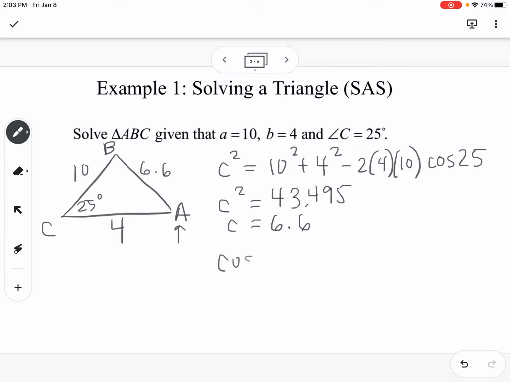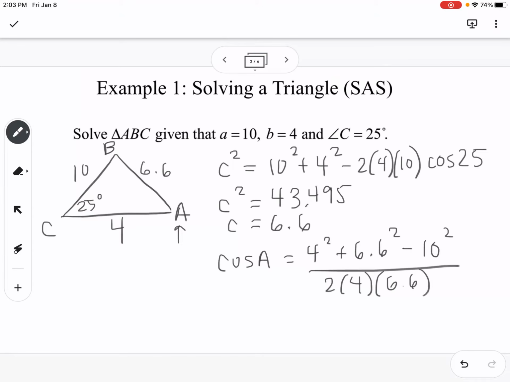So cosine of A is 4 squared plus 6.6 squared minus 10 squared over 2 times 4 times 6.6. You get that cosine of A is equal to negative 0.77. Then you do the inverse cosine of negative 0.77, and we get that A is 140 degrees.